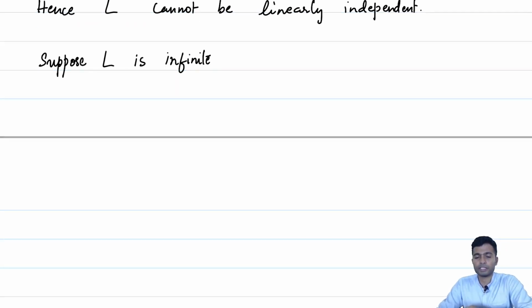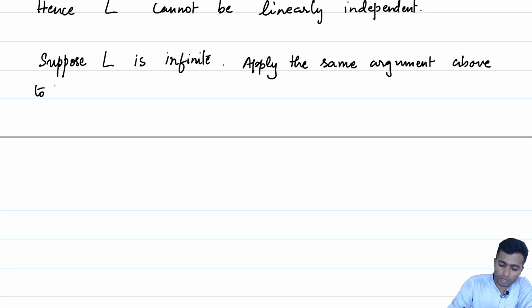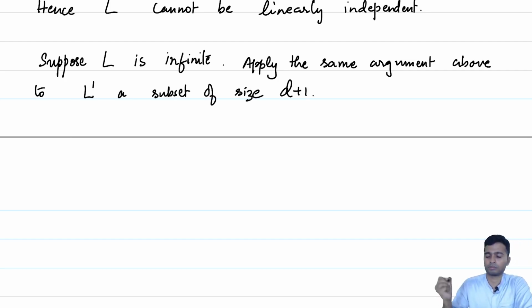But then if it is an infinite set, there is no problem. Apply the same argument as above to L prime, a subset of L of size, say, D plus 1.